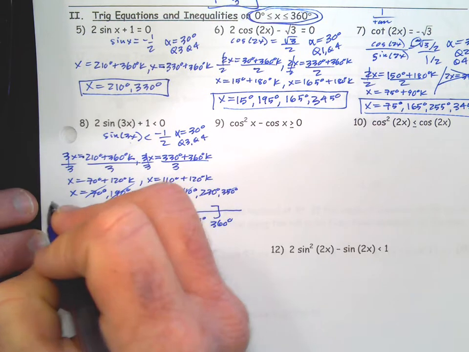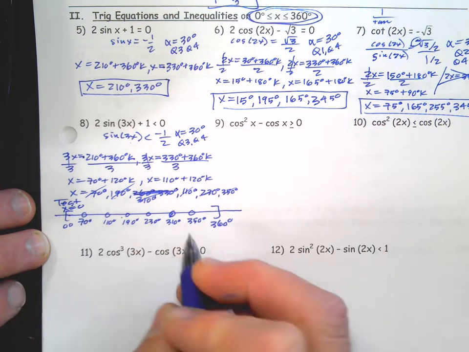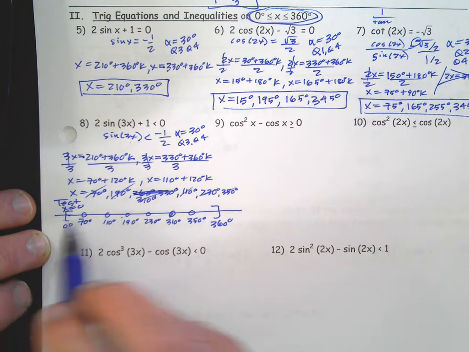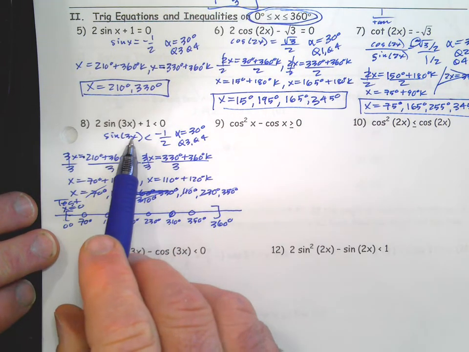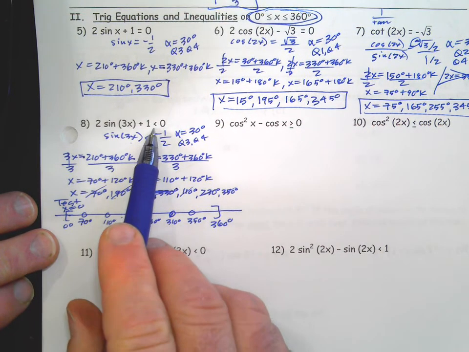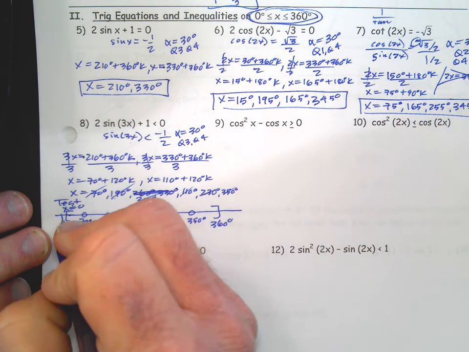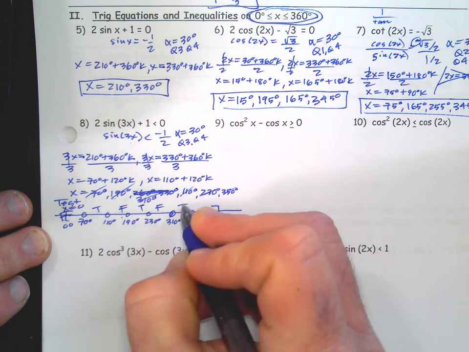Now tell me what you're going to test. I like to test 0 for trig, as long as there's not a dot there. Now, just because it's back there doesn't mean anything. That's just an invisible fence or whatever. So if I plug it in here, sine of 0 is 0, times 2 is 0, plus 1 is 1, is positive, is false. So this is going to be false, true, false, true, false, true, false.